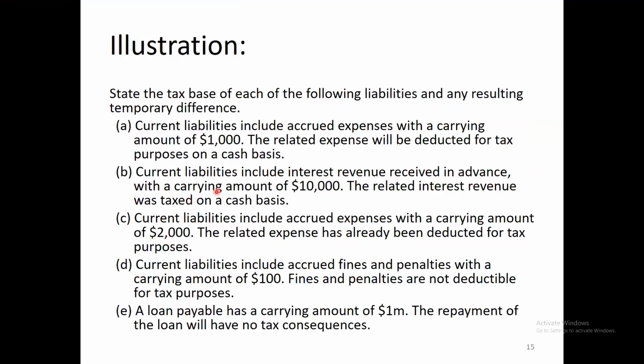Here, the current liabilities include accrued expenses with a carrying amount of rupees 2,000. The related expense has already been deducted for tax purposes, right? It means in future there is no tax.